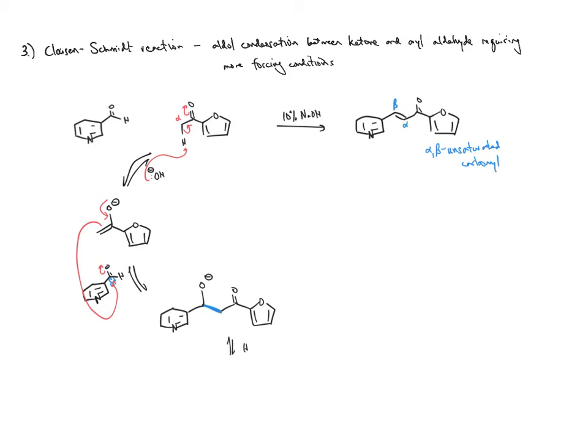Now what happens next, of course, is we get a deprotonation of water to give us the aldol product. So let's just draw that in. Now it's at this point, remember, when we're under excess base, we can get another deprotonation to occur. Right, so we can have an enolate form once again. And when that enolate forms, you form something that looks like this.